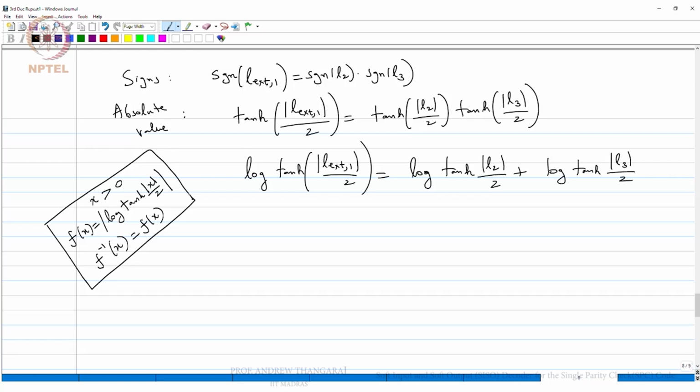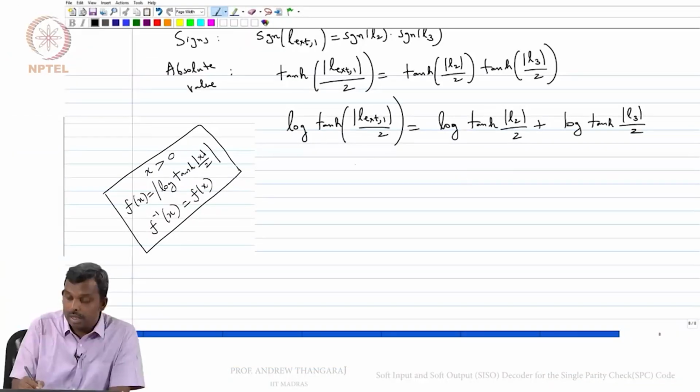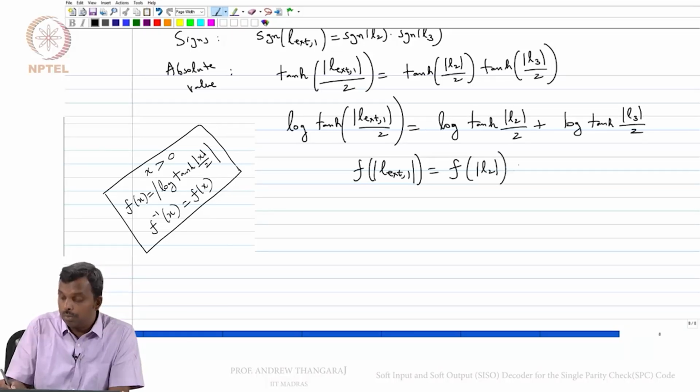Once we have this function, we can conveniently express this result in terms of its absolute value and its sign in a very easy manner. This equality is f of absolute value of Lext1 equals f of L2 plus f of L3. Now how do I invert this?